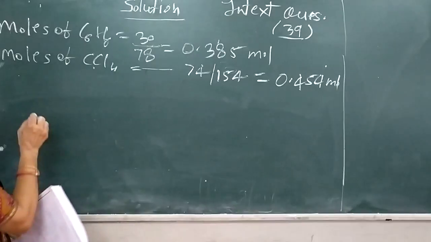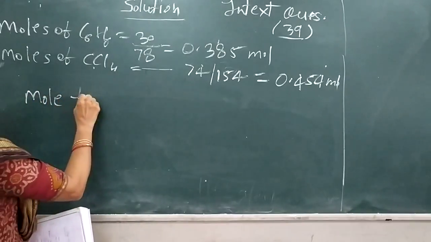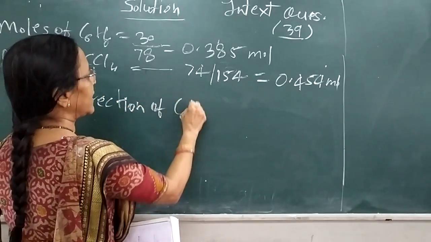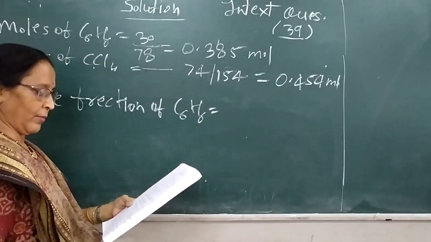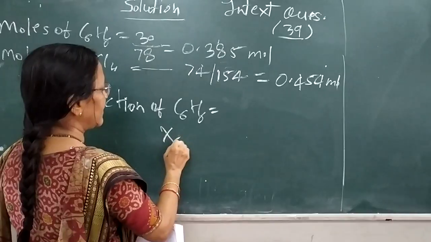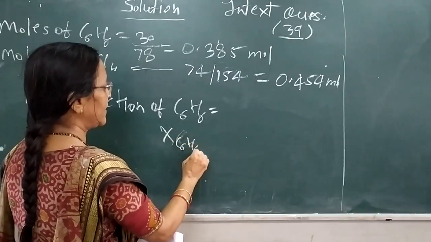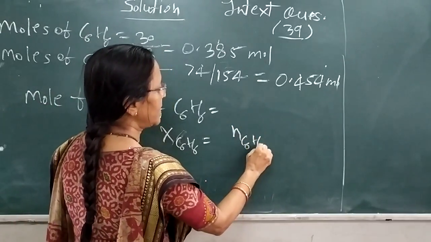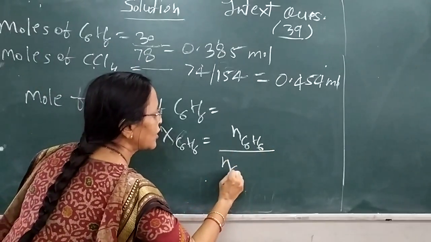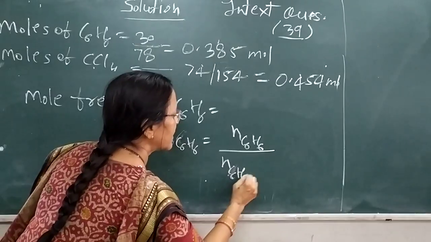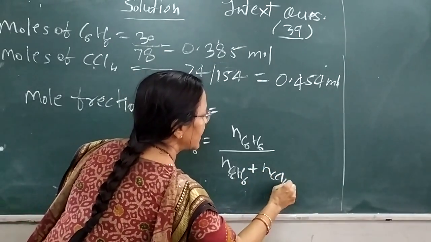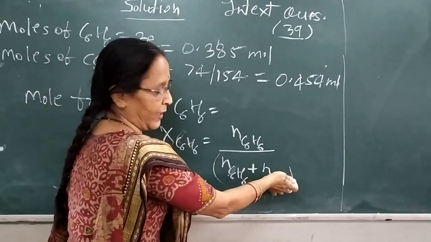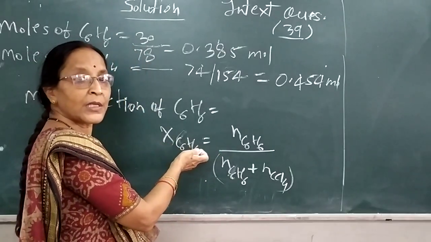Now we have to calculate the mole fraction. The mole fraction of benzene, C6H6, is equal to the number of moles of benzene upon the number of moles of benzene plus the number of moles of CCl4, that is, the moles of solute upon the total number of moles, because C6H6 is our solute.